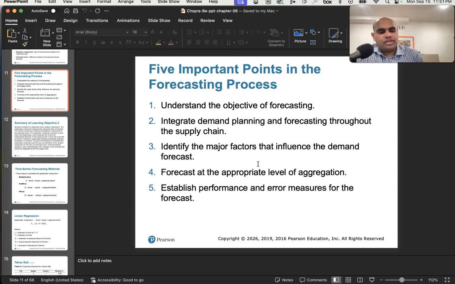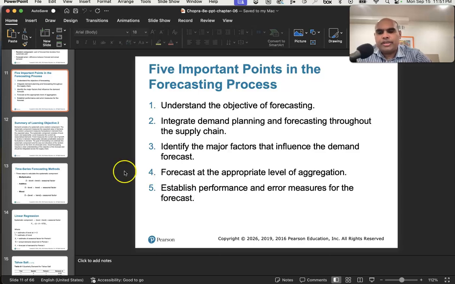So because that's the case, if Apple forecasts demand for all iPhone first, and then disaggregates that final number into smaller pieces, that is more accurate than just forecasting for each individual iPhone line, right? So the more aggregated your data is, the lower your errors are going to be. And that's something that we'll talk about more when we talk about the aggregate planning process, right? And finally, we have to establish some performance and error measures and see how well your forecast is doing, right?